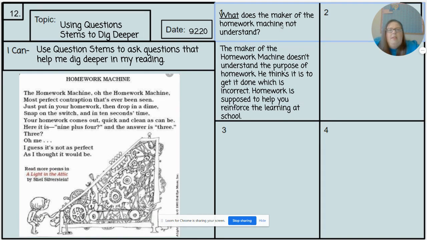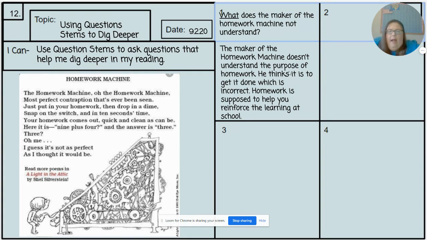And then what does the maker of the homework machine not understand? My answer is the maker of the homework machine doesn't understand the purpose of homework. He thinks it is to get it done, which is incorrect. Homework is supposed to help you reinforce the learning that happens at school.